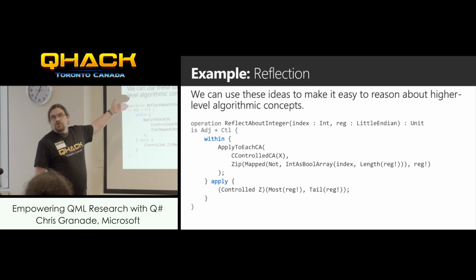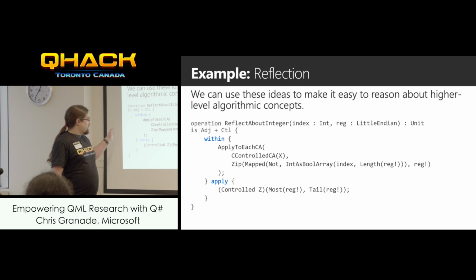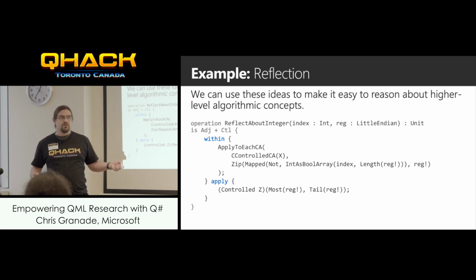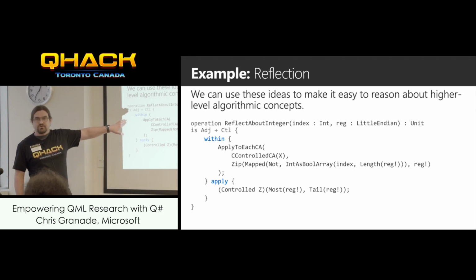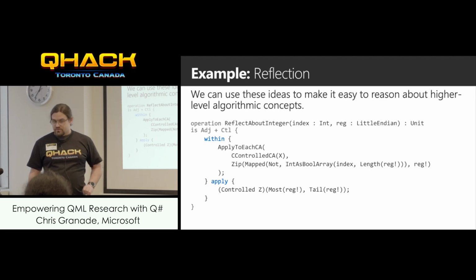Then I can say, reflect about a particular integer, and do all the bit banging necessary to turn that into the underlying low-level reflection I want, and expose that as reflect about this integer. That makes it really easy to start using ideas out of amplitude amplification and the like as you build up your QML applications. We can bring ideas out of amplitude amplification really easily using this sort of high-level approach.